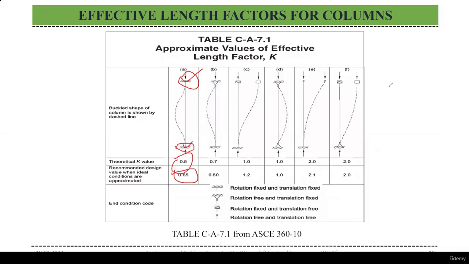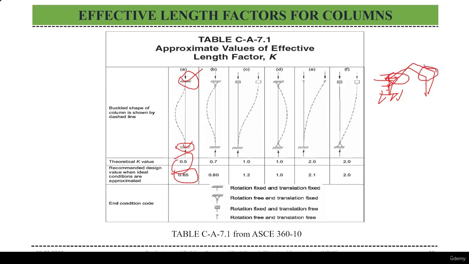But in PEB, all we are using are sway frames. Definitely, even if you fix here also, there will be some sway like this, right? Due to wind pressure or any other loads, there will be some sway. So there will never be complete fixity here.